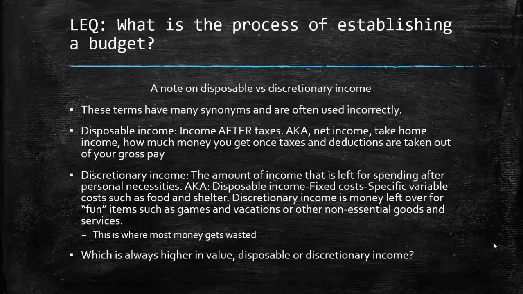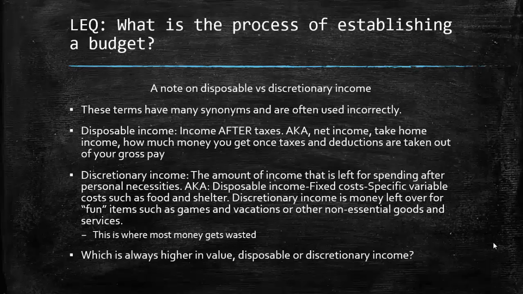Discretionary income is equal to disposable income. Again, that's money after taxes. Remember, guys, this is so important. Disposable income is money after taxes. So discretionary income is disposable income minus your fixed cost, aka your bills, minus specific variable costs such as food and shelter.